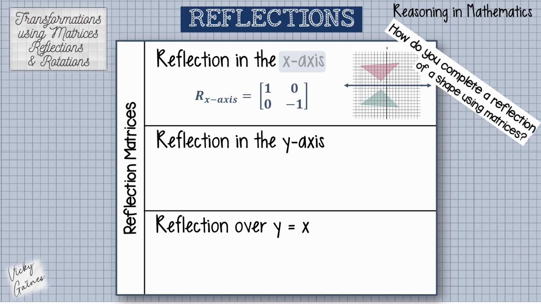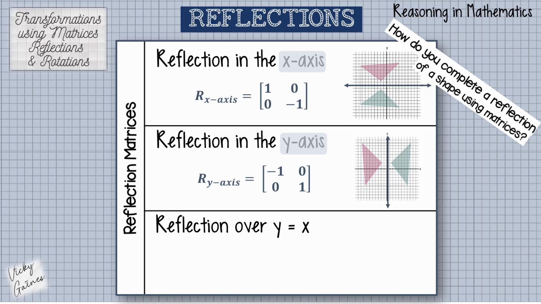A 2 by 2 matrix. 1, 0 is in row 1, 0, -1 is in row 2. We can also reflect over the y-axis. So here is our reflection over the y-axis matrix. Row 1 is -1, 0. Row 2 is 0, 1.